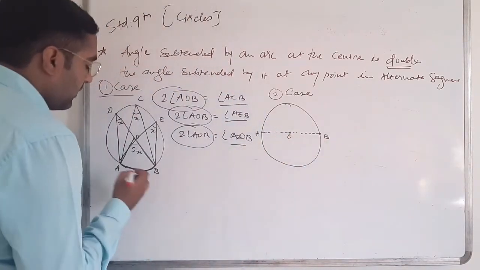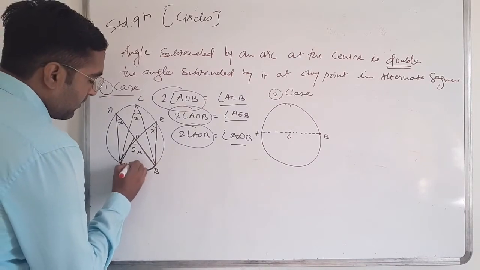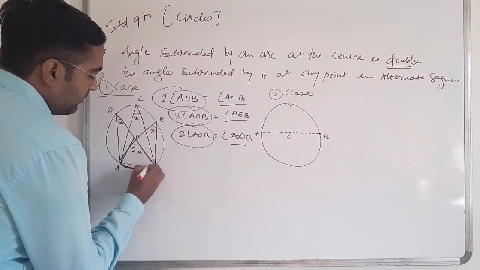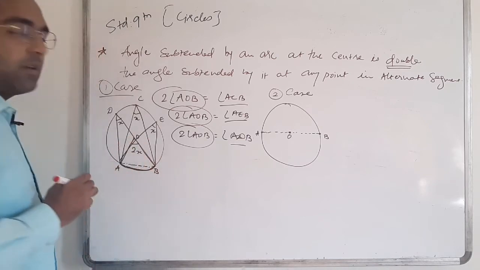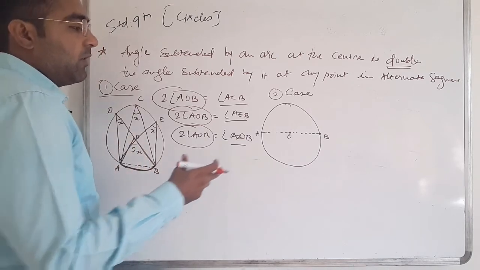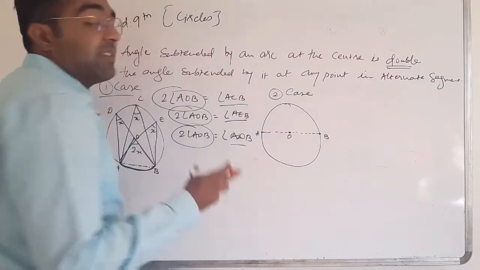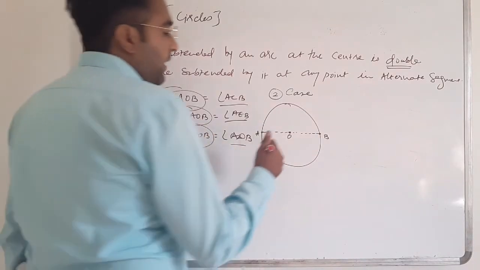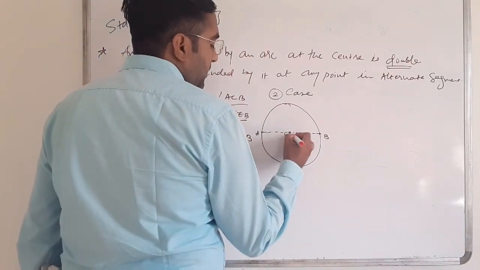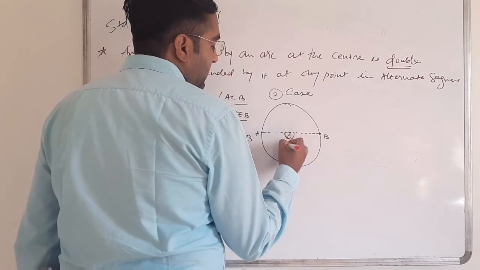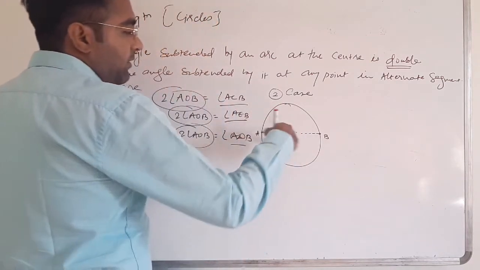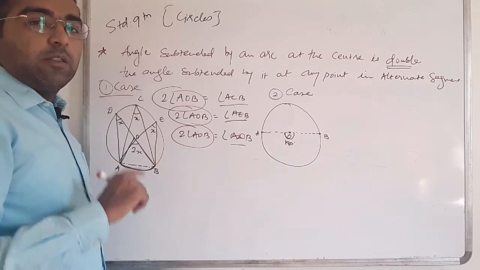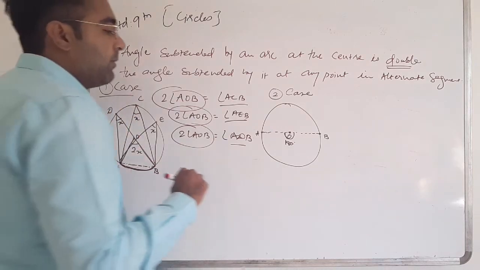Now if I talk about AB as a diameter, at the center of the circle my angle here is 180 degrees. We know that a straight line forms 180 degrees.